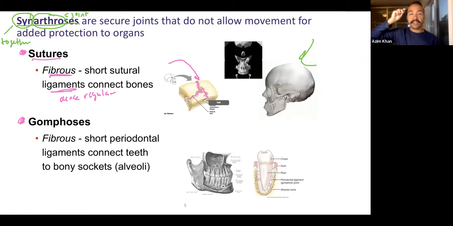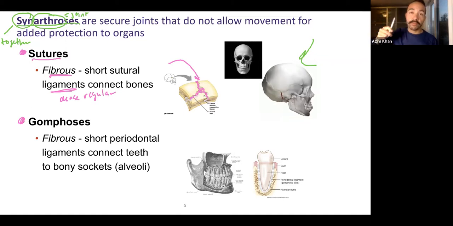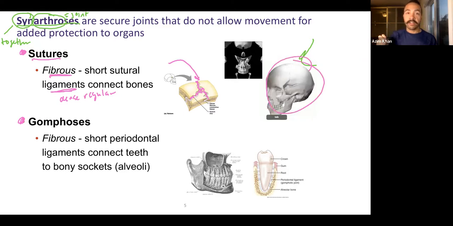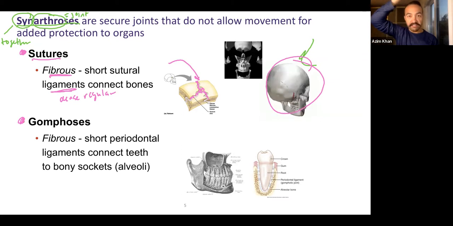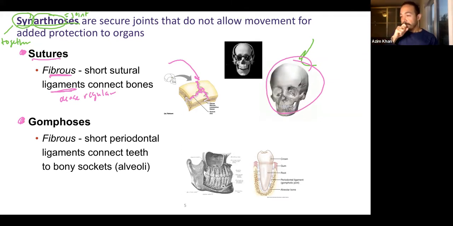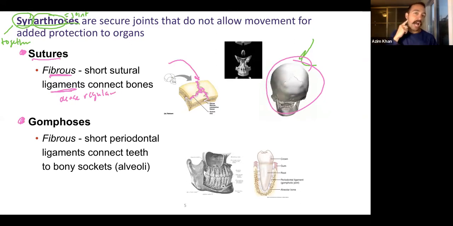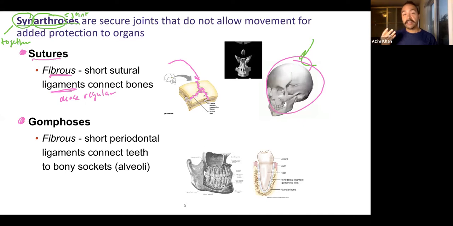We see this a lot in our skull, between our cranial bones, excuse me, and between your facial bones. We have sutural ligaments in our cranium. Not a lot of movement should be happening here. If you get hit, it should be holding tight. Well, the only movable part of our cranial region is this jaw joint, which we'll get to. So a suture made of ligaments is a synarthrosis.